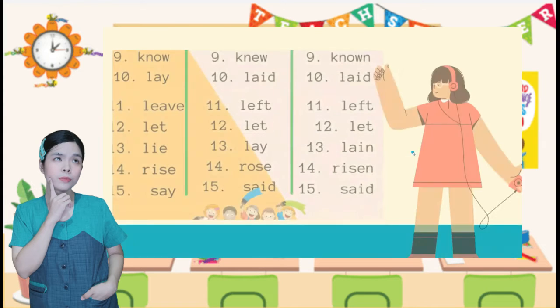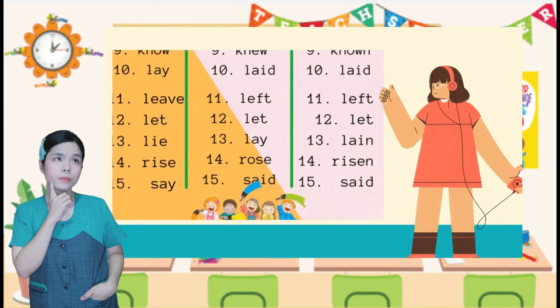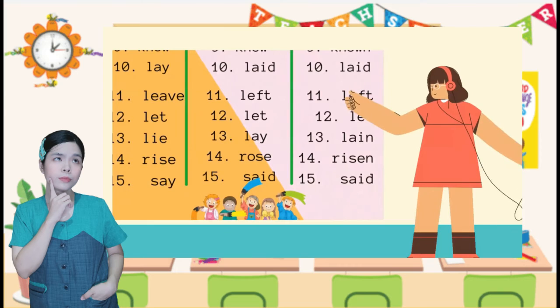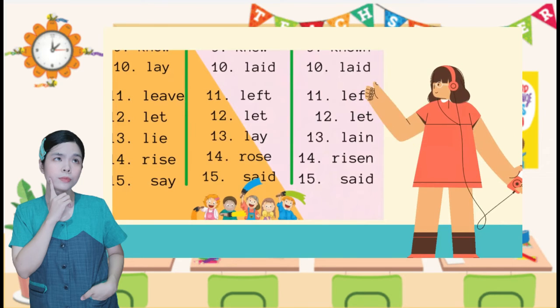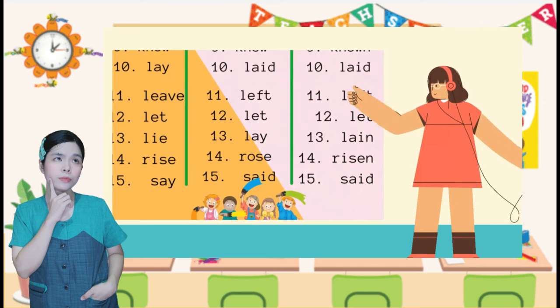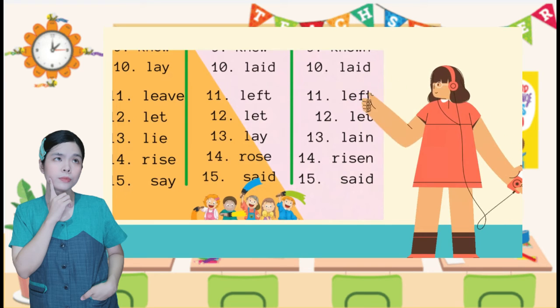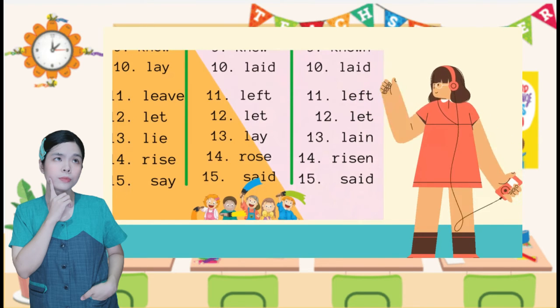Next one, know, knew, known. Lay, laid, laid. Leave, left, left. Let, let, let. It just retained its spelling. Lie, lay, lain. Rise, rose, risen. Say, said, said.